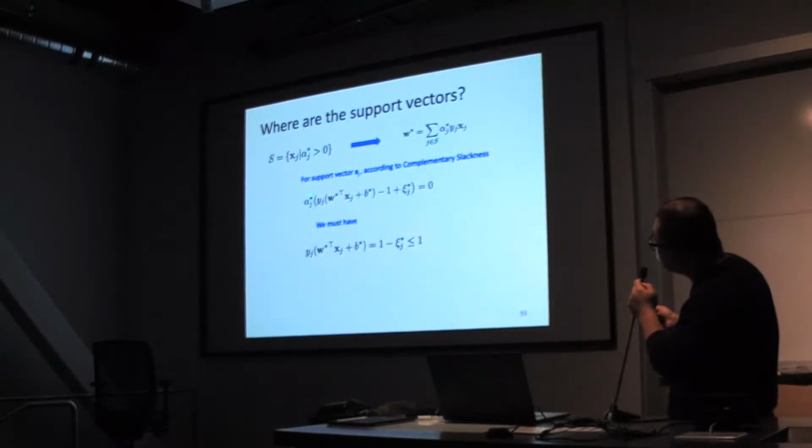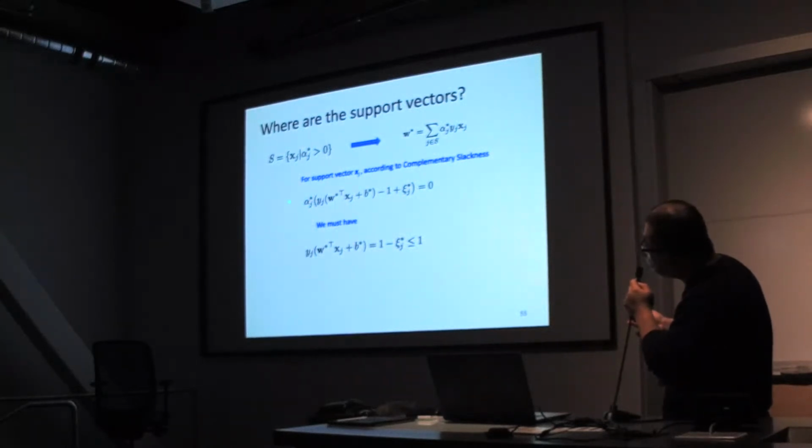So for a support vector, we know that alpha j star must be strictly bigger than 0. That means the constraint function must be 0. That is, the function margin, y multiplied by the prediction score, is equal to 1 minus the slack variable xi j star. But remember, xi j star is always non-negative.